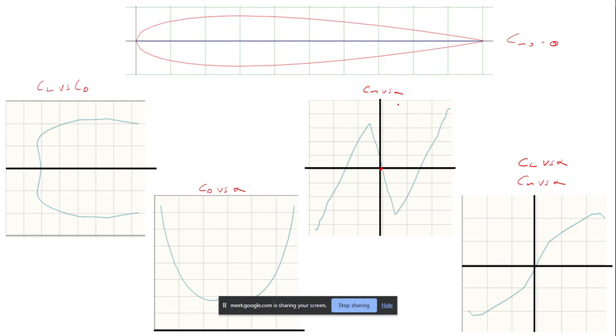So if this is CM versus alpha, what is happening at these points? Let's just take the positive angle of attack variations. What is happening here? There is a change in the slope. Why is that happening? Just try reasoning. There's a sharp change. What do you think will happen at that point?